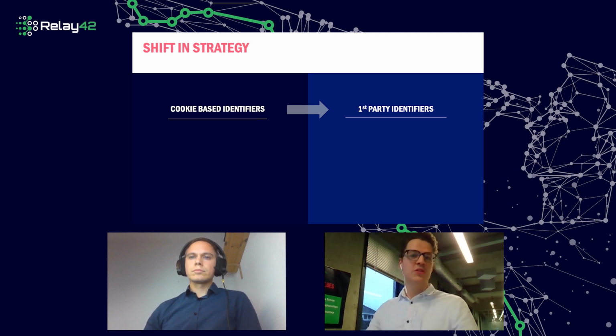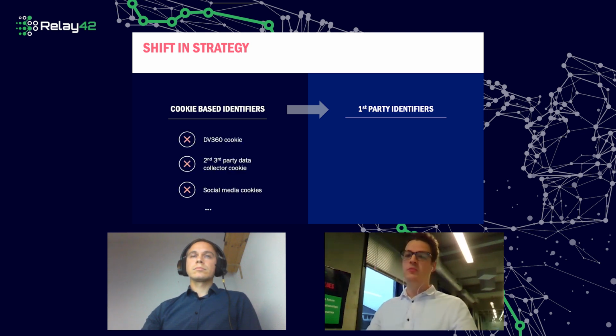With third-party cookies being blocked more often, the number of people you can match and target will drastically decrease. So basically, cookies like DV360, second or third-party data collector cookies, and social media cookies will be blocked in the end. So it's time to make a shift in your strategy and move away from these cookies and start moving towards collecting and activating more persistent identifiers.